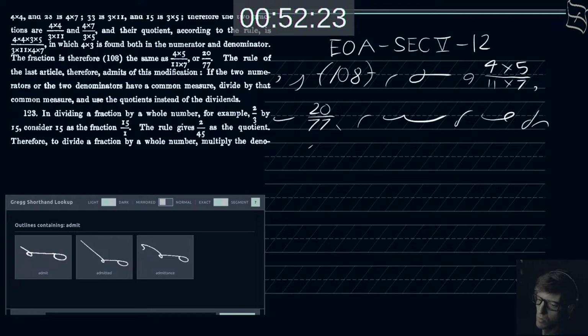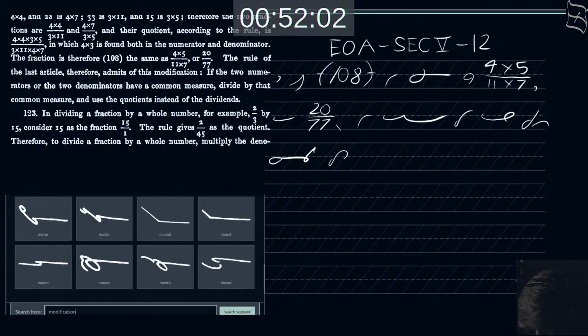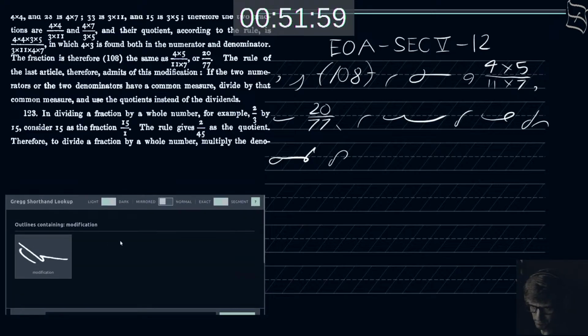It admits of this modification. Mod, some sort of mod. Yeah, very nice. Modification. Excellent.